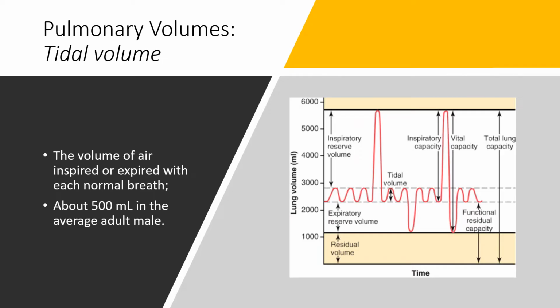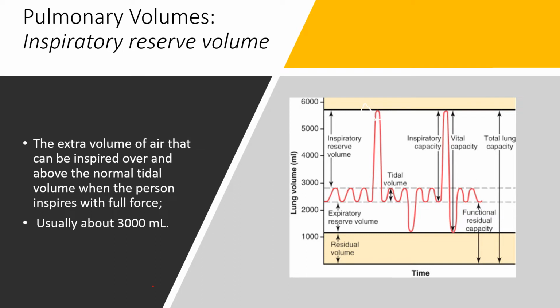The volume of air that is inspired or expired with each normal breath is the tidal volume. This is about 500 ml in the average adult male. The inspiratory reserve volume is the volume of air that can be inspired above the normal tidal volume with a person inspiring with full force.